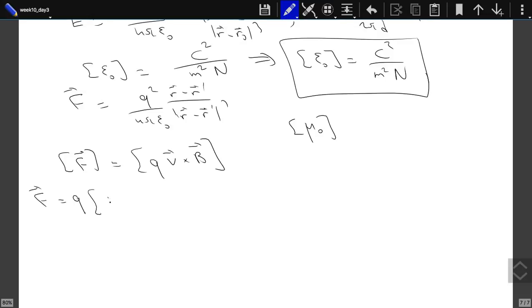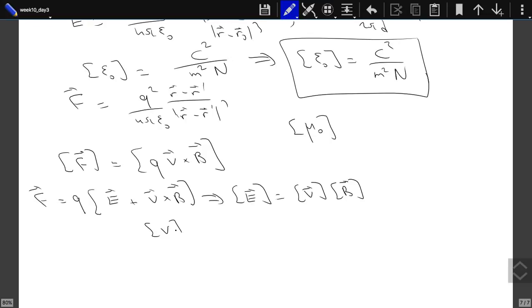Force is Q times (E plus V cross B). This is the Lorentz force. Well, this basically tells me that the unit of the electric field is equal to the unit of the velocity times the unit of B. So if we want to find something that has the unit of a velocity, it is the unit of electric field divided by the unit of B.